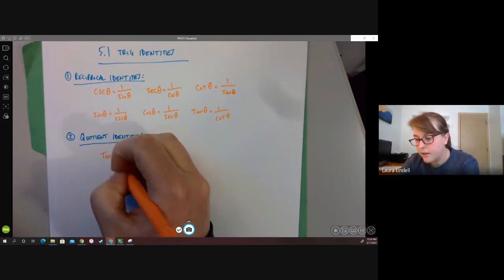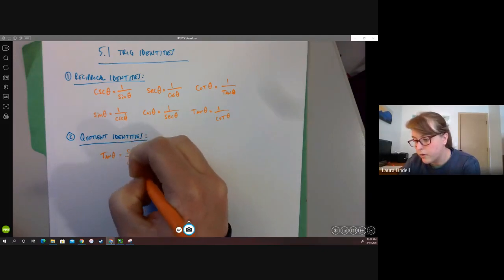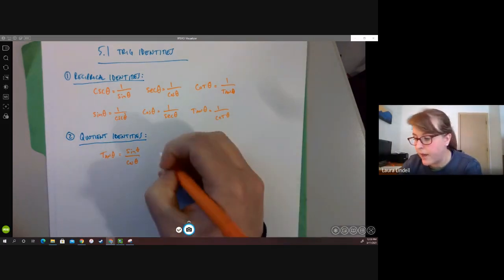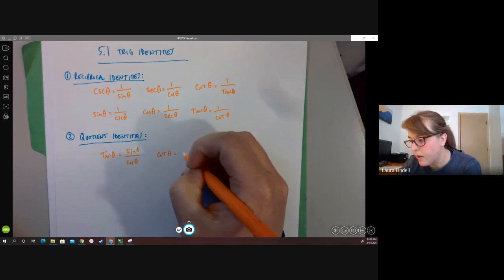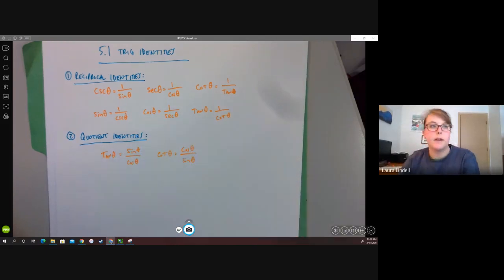It's that tangent is equal to sine over cosine. So that's one we're going to use. And then the reverse of that is that cotangent is cosine over sine. Okay. So those are the main ones that we're going to work with first.